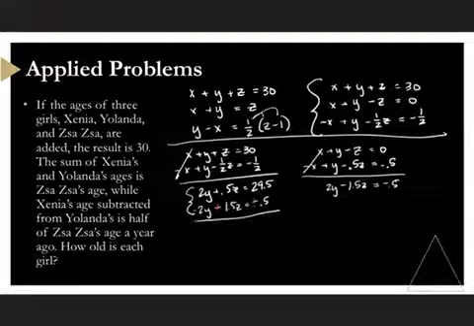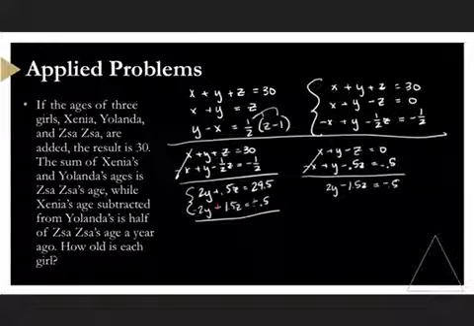So 2y minus 2y is 0. 0.5 plus 1.5 is going to be a 2. 29.5 plus 0.5 is 30. So z is 15. So Zaza is 15.